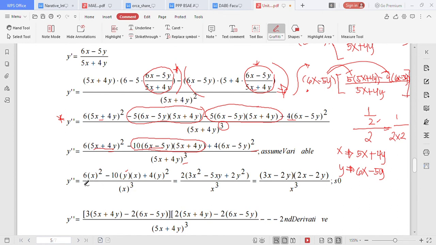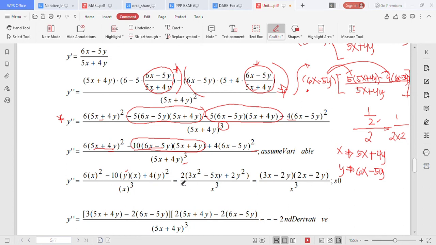So, that is why it became 6 times x squared here, minus 10 times y times x plus 4y squared, all over x cubed. So, we can simplify this term.